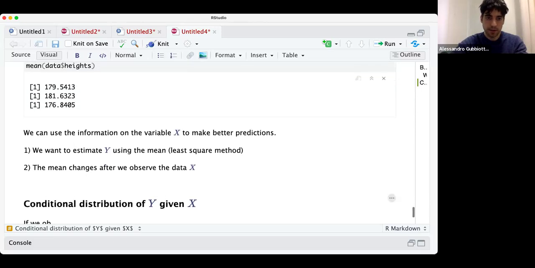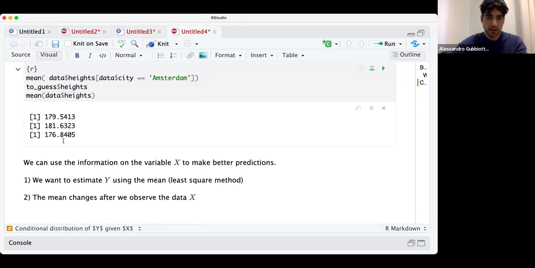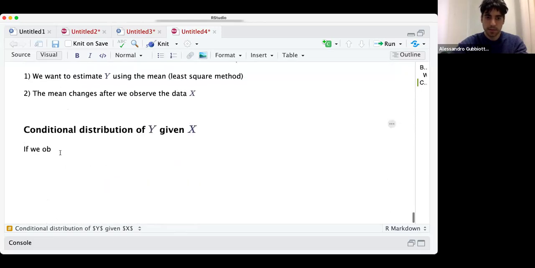So do you have questions concerning this? So if we observe x equal to x, then the distribution of y changes.